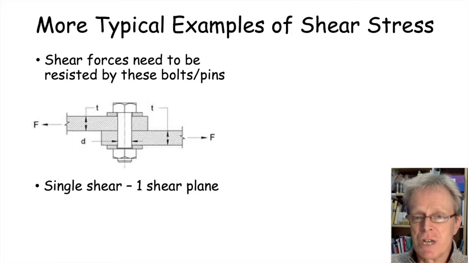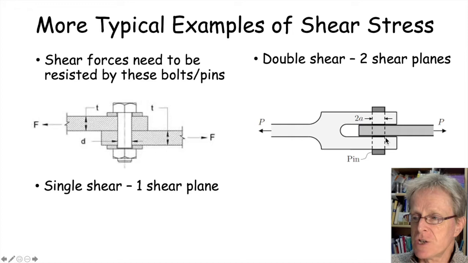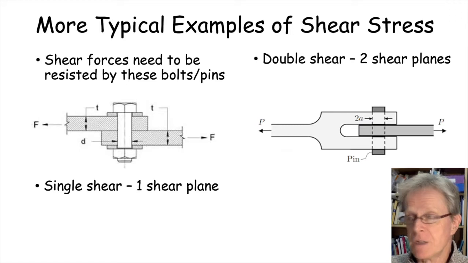You can also get double shear, which is a situation where you have a fork rather than a straightforward plate, and this time we've got 2 times the cross-sectional area of the pin actually resisting the force that's being applied. So that's called double shear.